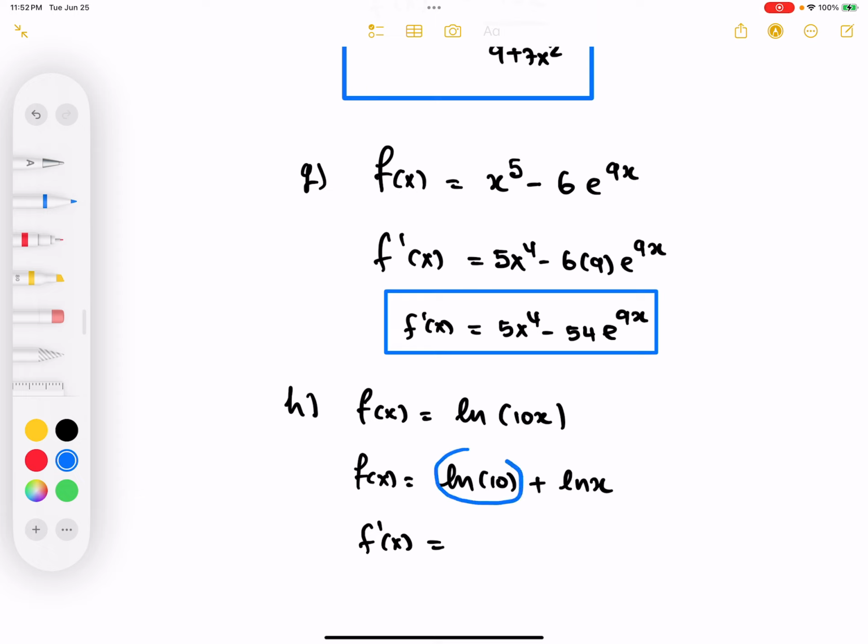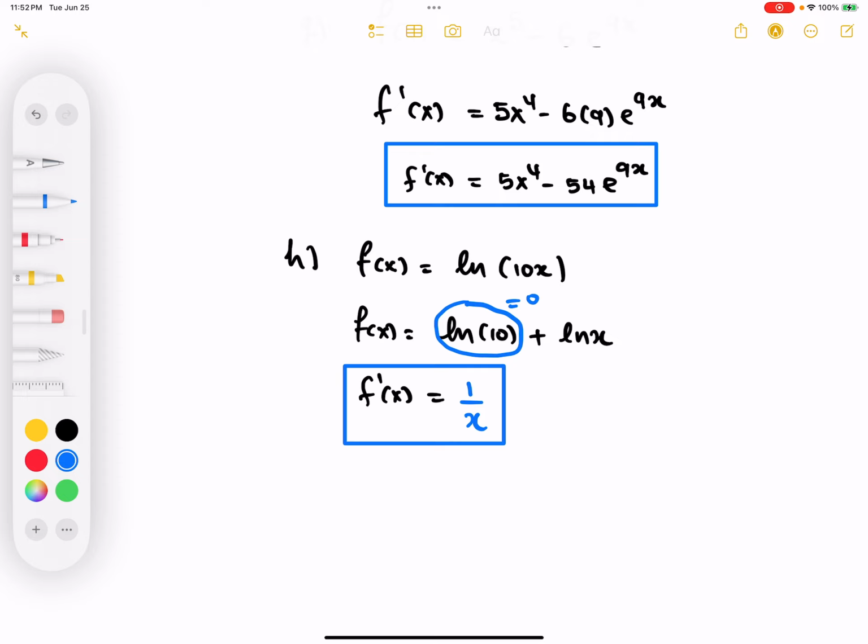There is no variable, and the derivative of this one is 0, and the other one is 1 over x. So please just say this one over and over again. Don't forget, the derivative of a constant function is just 0.